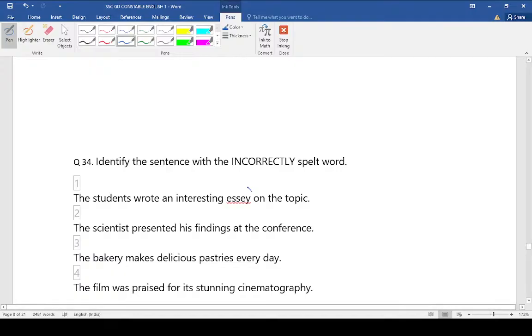So here is the spelling mistake. Essay is, sorry, just a minute. What is given? ESS is given.